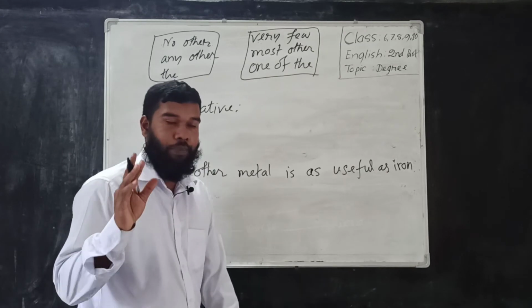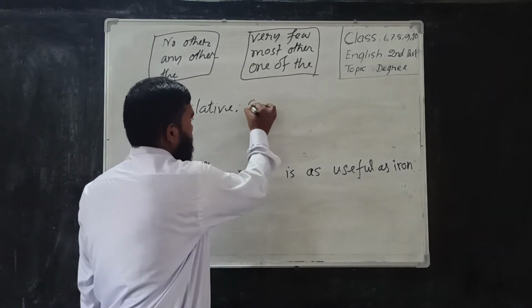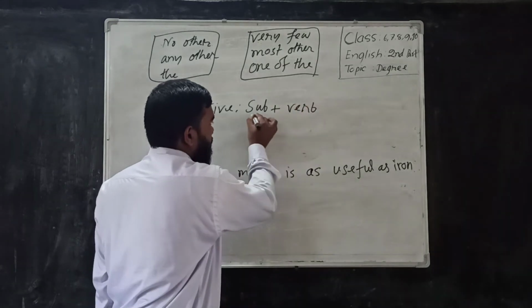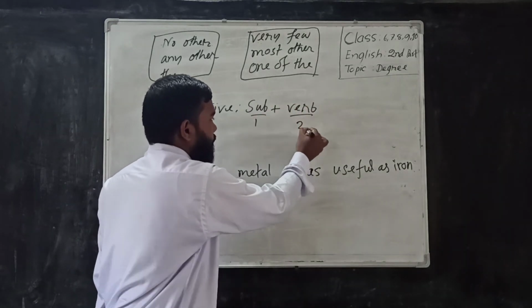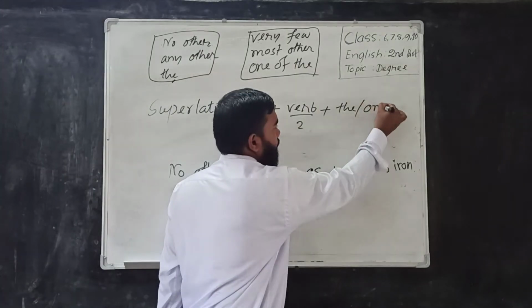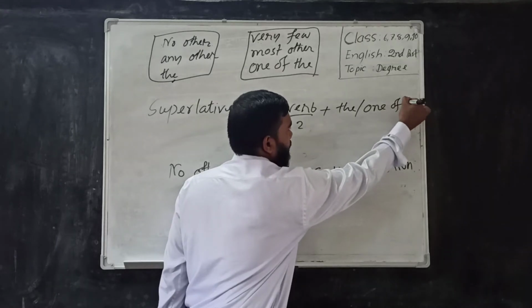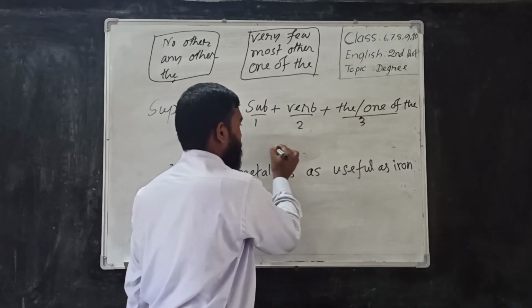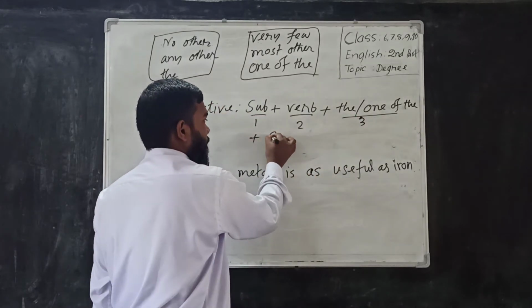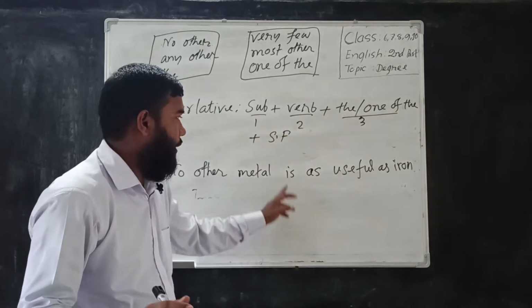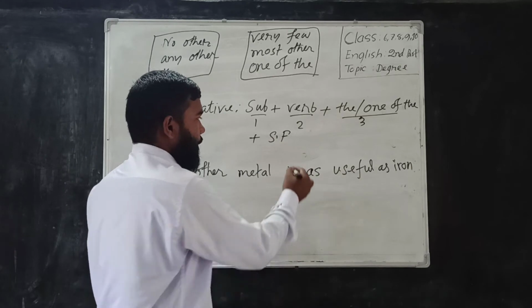There you will find 5 steps: subject, verb, step 1, step 2, the or one of the, as third step. SF, superlative form of adjective. SF means superlative form of adjective.